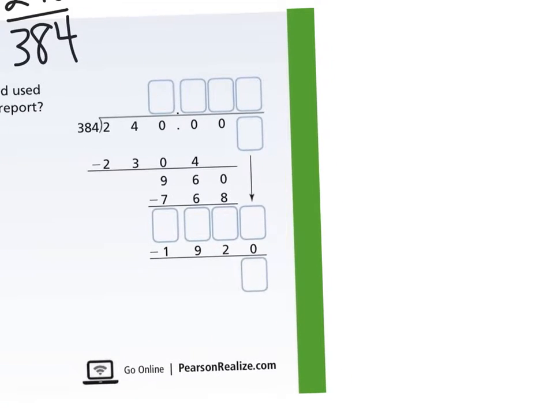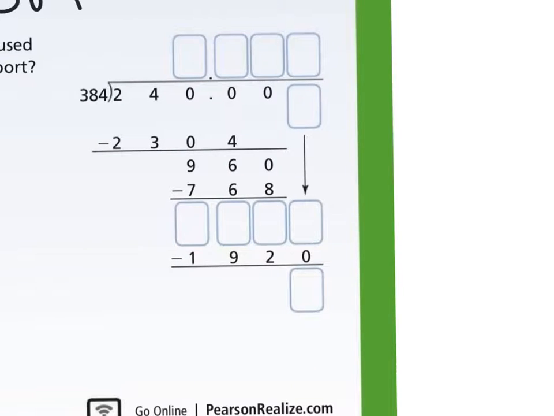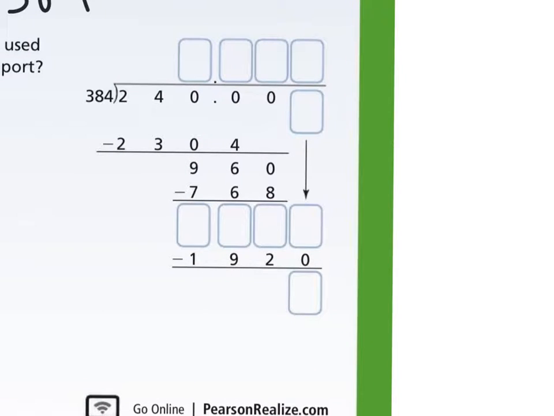These numbers are a little bit bigger, so we might be guessing a little bit. So 384 does not go into 24, does not go into 240. So we can put a 0 there in our ones place value position. We're looking now at 384 into 2,400.